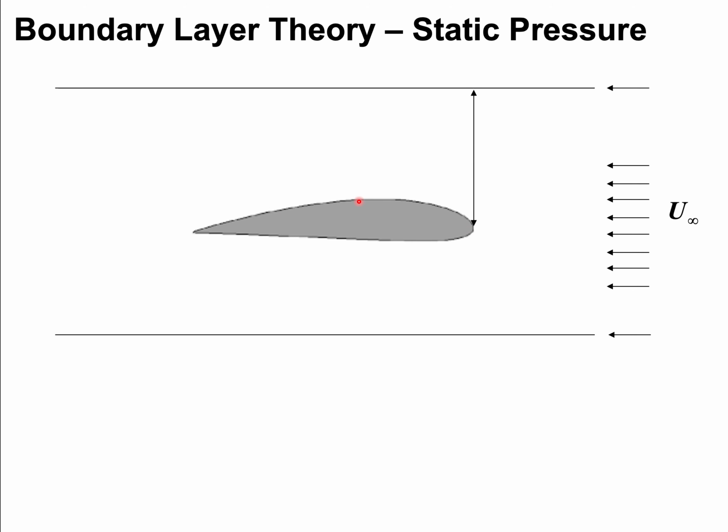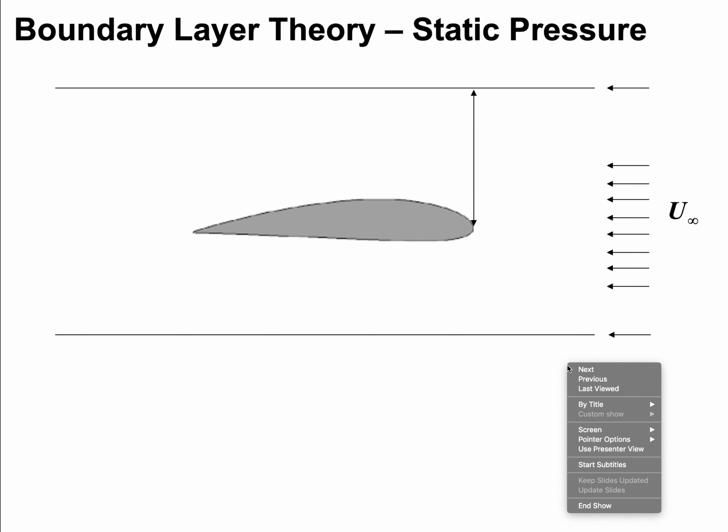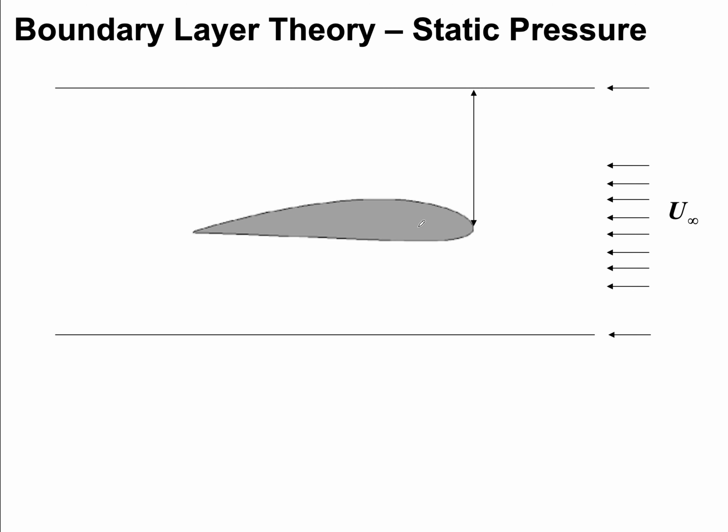This is the mass flow rate that goes through this section, and will continue going through other sections, that is between the airfoil and the top streamline. So let's see how this area changes. Okay, let's take this region over here.